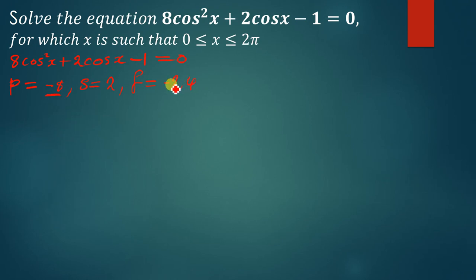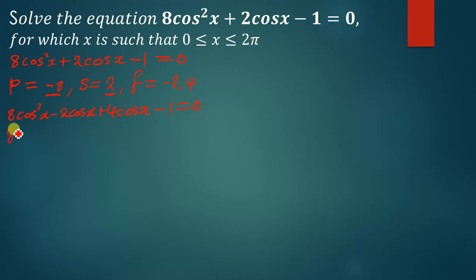When you add -2 and 4, you get +2. So we plug them into the equation. We have 8 cos squared x, then -2 cos x, then +4 cos x, and -1 is equal to 0.